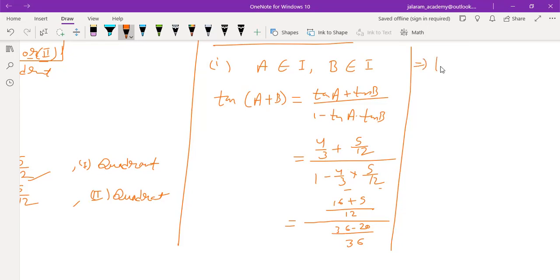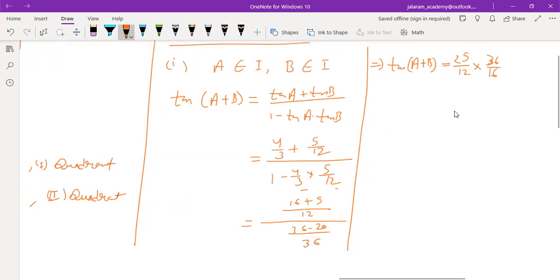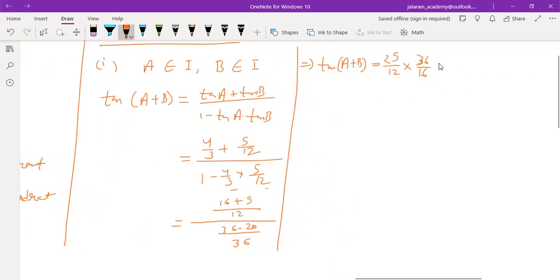So the value of tan(A+B), which we are finding, on both the sides equals 16 plus 5, 21 by 12 into 36 by 16, and we write it in the form of its reciprocal as we have to divide. And now simplify it by writing it once more before cancelling.